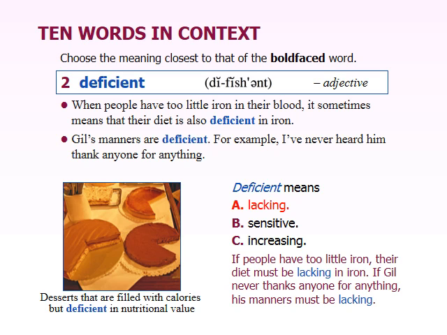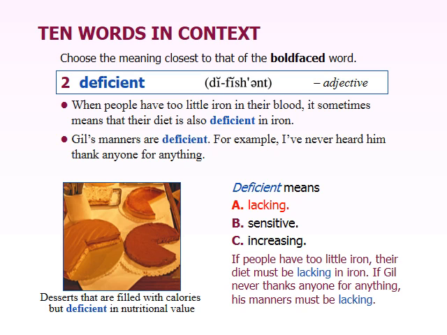So in the first example, it's saying that the person's diet, the food they eat, is deficient in iron. This can lead to a disease called anemia when you have a deficiency of iron. Specifically, it means that you're lacking, and by lacking we mean that you don't have enough iron.